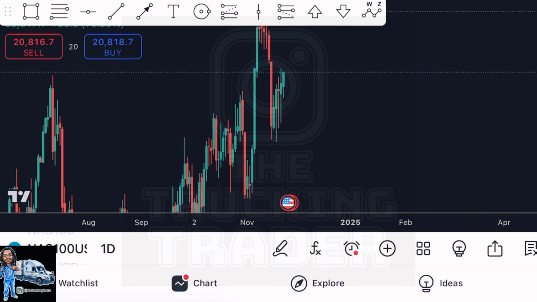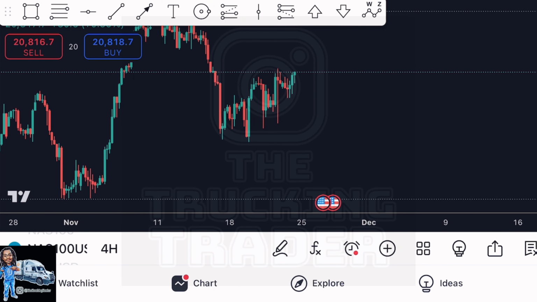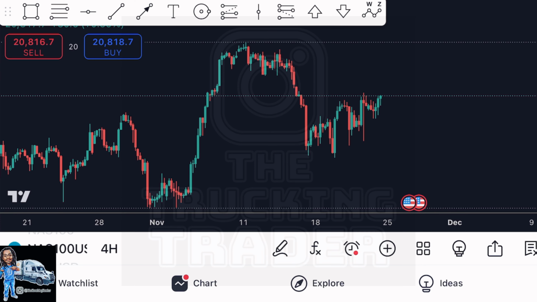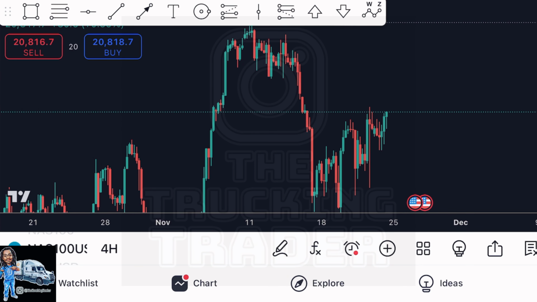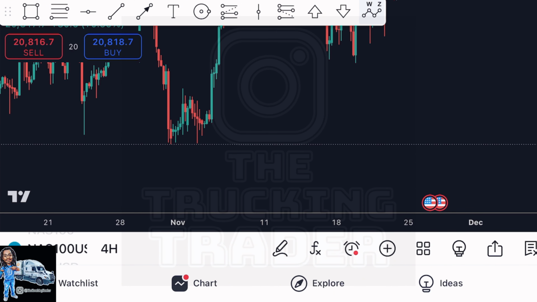So the next thing I want to show y'all, on a 4-hour chart, we're going to take a look at this 4-hour chart, right? The next thing you want to do, after you find your range, is wait for a market structure shift. And what does that look like, right? So typically, I'm going to show you guys with one of these tools. It will look something like this, right?